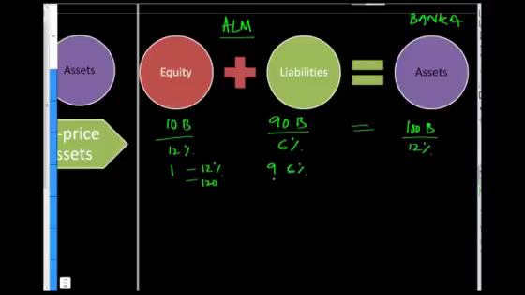So 9 billion into 6% will give you a total amount for the year of about 54 million. Right? So the total cost of this pool of funds is about 174 million.